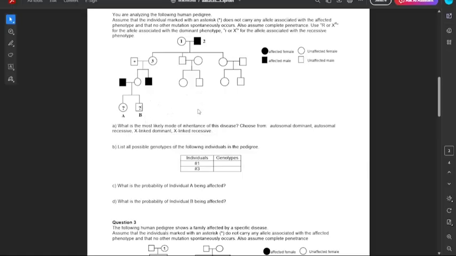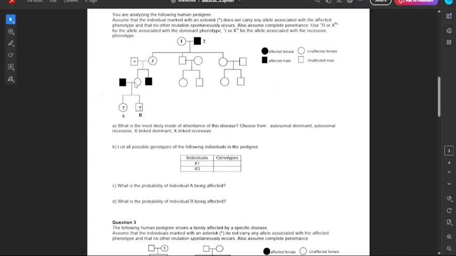So now this is a 1/2 chance that he is going to be healthy. But since there was originally only a 50% chance that she will get the disease from her parents, well, his grandparents in this case, that means we are doing 1/2 multiplied by 1/2, which will get us 1/4, otherwise known as 25%. So B actually has a 25% chance of getting affected.